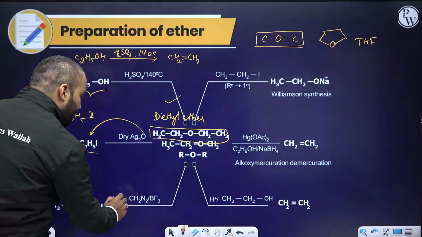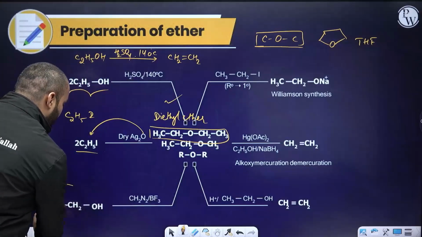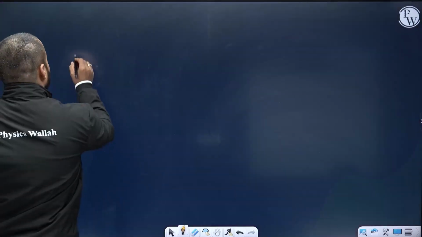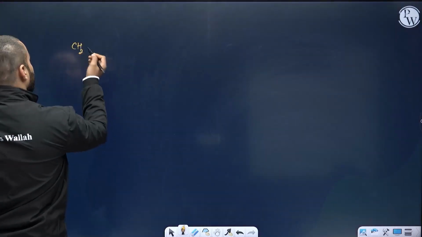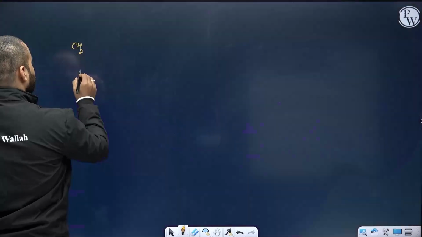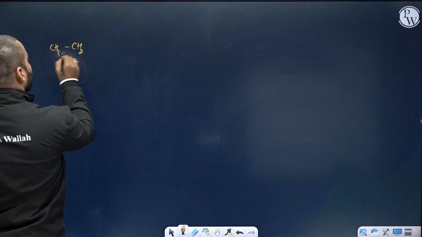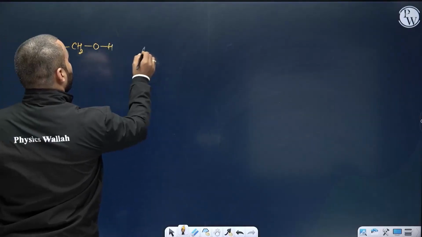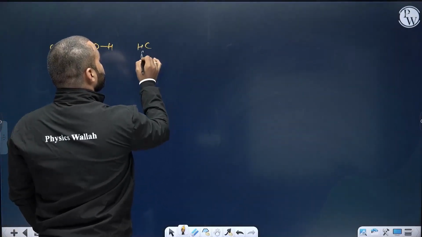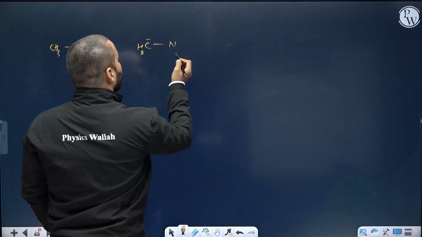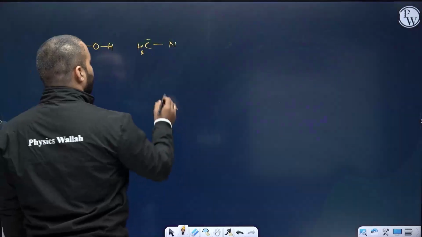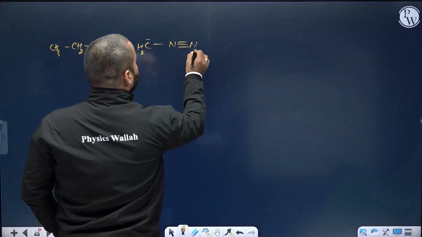Now let's discuss treating an alcohol with diazomethane. Diazomethane is CH2 negative, N positive, triple bond nitrogen.